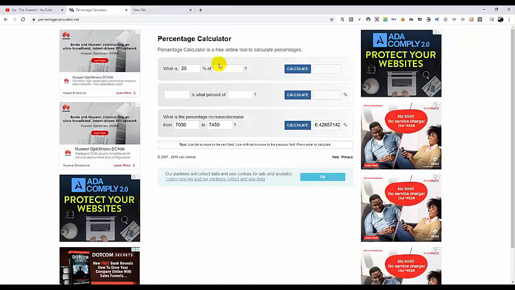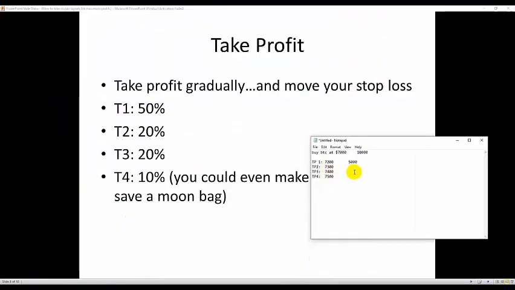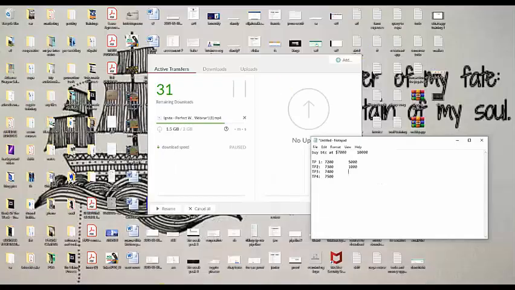20% of $5,000 is $1,000. Okay, so TP2, you're taking profit for $1,000. Okay, TP3, you say 20%, and that's $4,000 remaining, right?